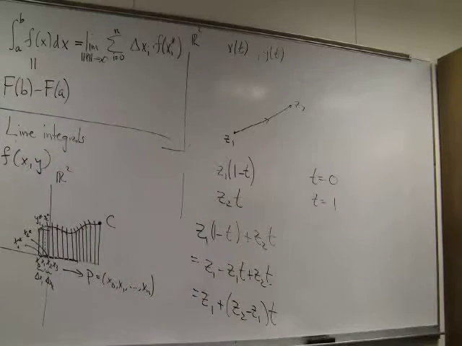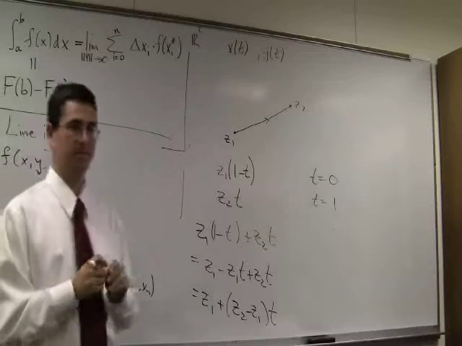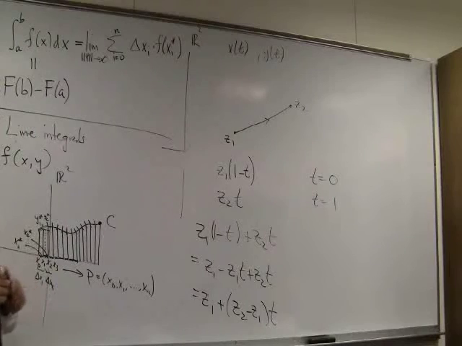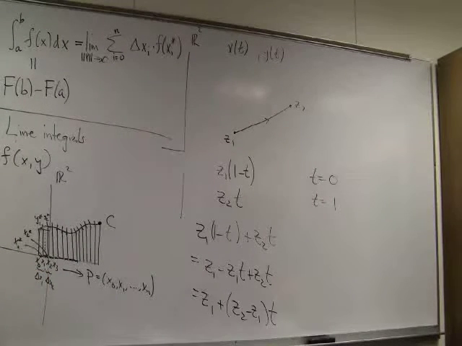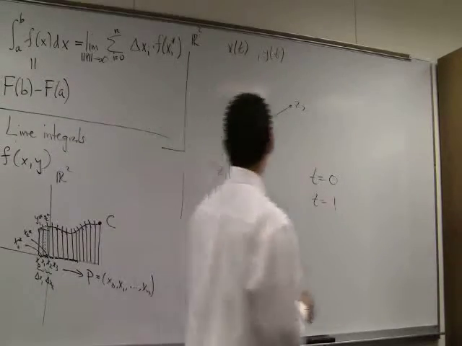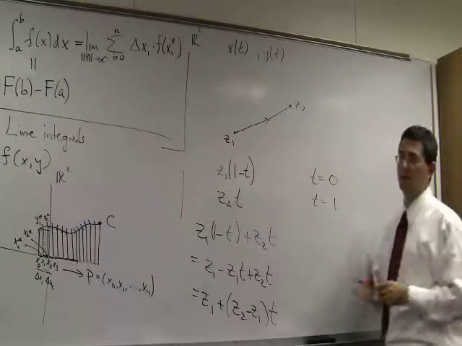Why is that an unsatisfying answer? Well, I mean, z1 and z2, these are complex numbers.